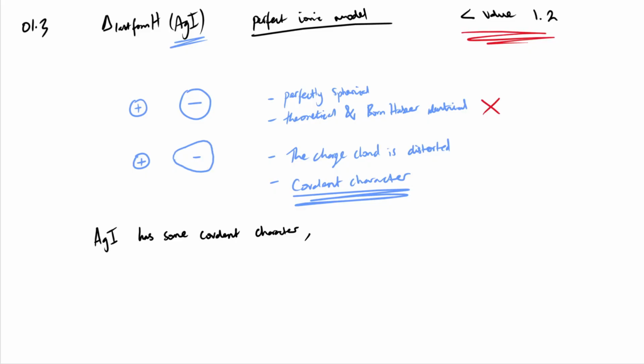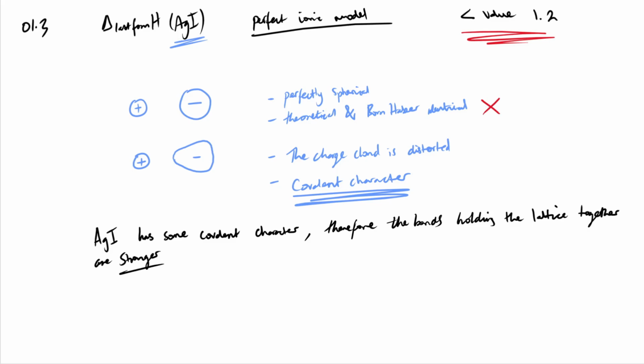So I would say, therefore, the bonds being ionic and covalent, holding the lattice together are stronger. Really important that we say that. So we want to say they're stronger, and we want to say that it has covalent character. Okay, so 2 more marks there. Awesome stuff.